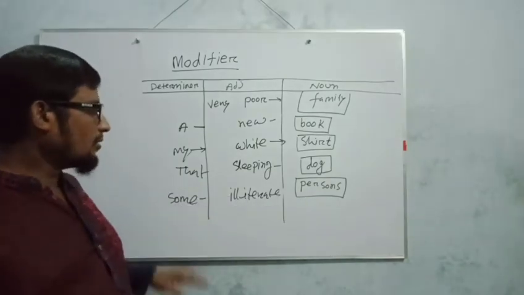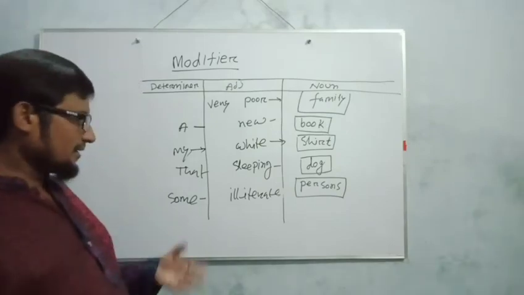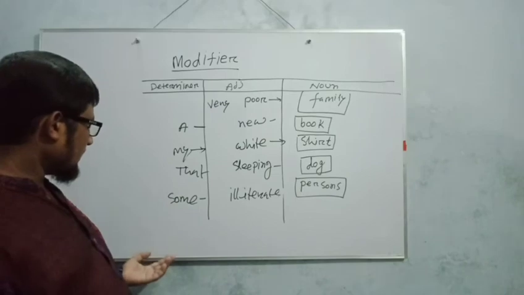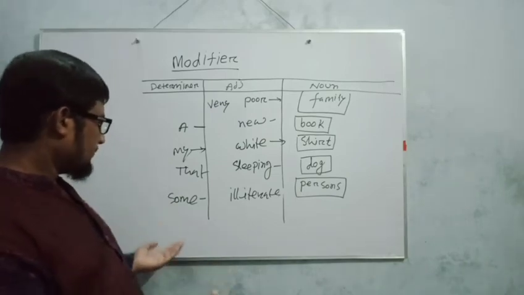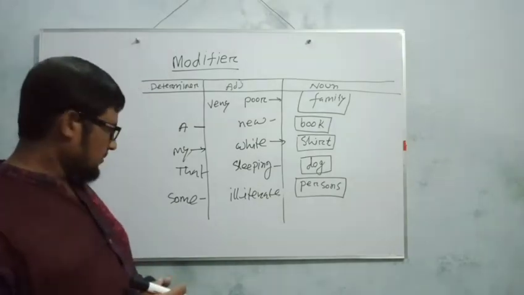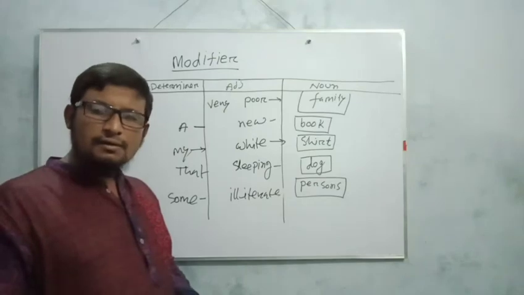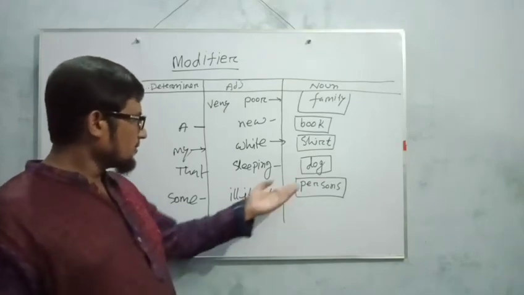But how many illiterate persons? We don't know. When we add some, we understand the quantity of the illiterate persons by the word some. So now some is also a pre-modifier or modifier of the word persons.